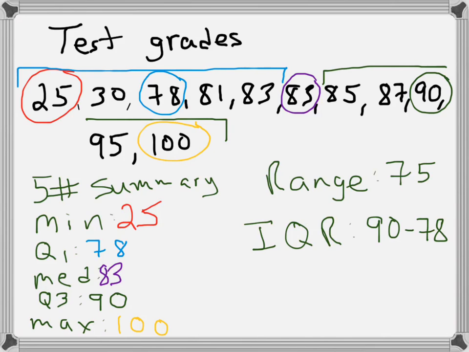So IQR is a fancy way of saying interquartile range. One of the things that we probably could have a more reasonable name for, except we want to sound as fancy as possible. So you take the third quartile and subtract off the first quartile. That gives us 12. So we have our measures of spread and our measures of center.